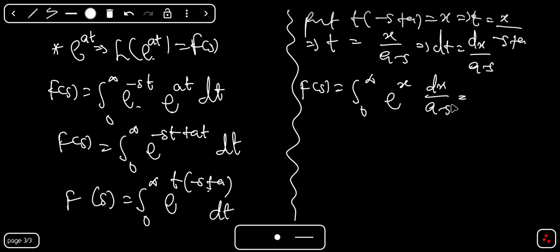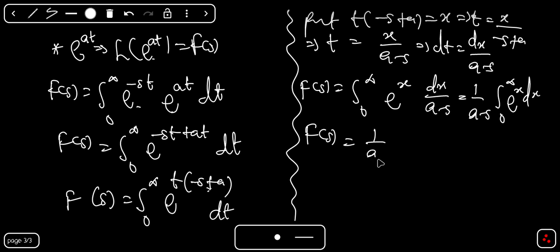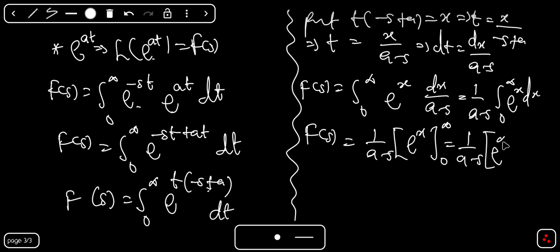Now, bringing out 1 over (a minus s), we're going to have 1 over (a minus s) multiplied by the integral from 0 to infinity of e raised to the power of x dx. So if we integrate e raised to the power of x, it's still e raised to the power of x. So we have F(s) equals 1 over (a minus s), then into bracket e raised to the power of x, from 0 to infinity. So this will be equal to 1 over (a minus s) times (e raised to the power of infinity minus e raised to the power of 0).